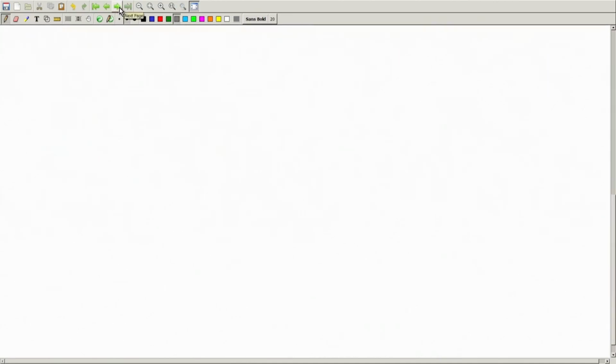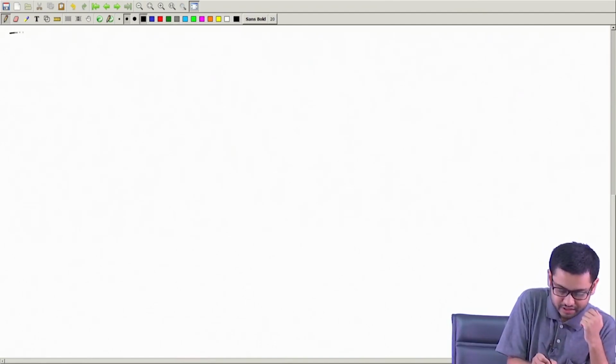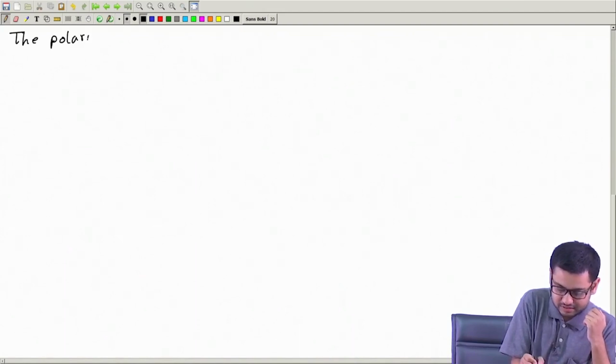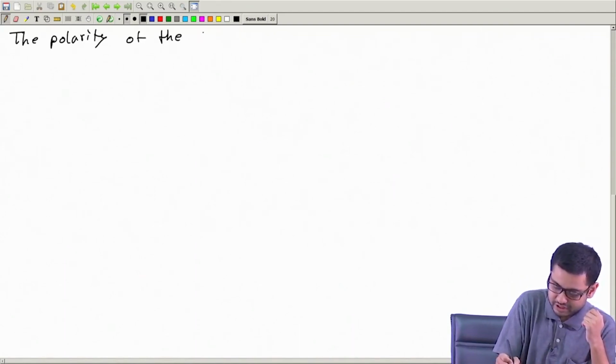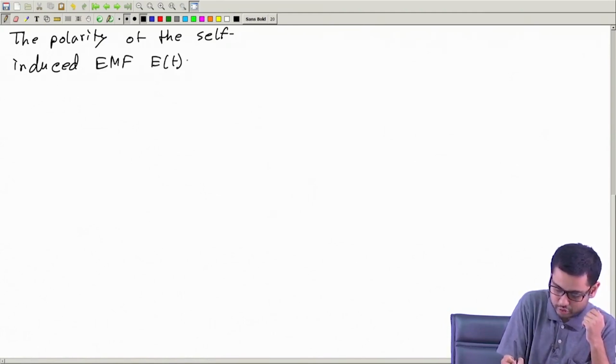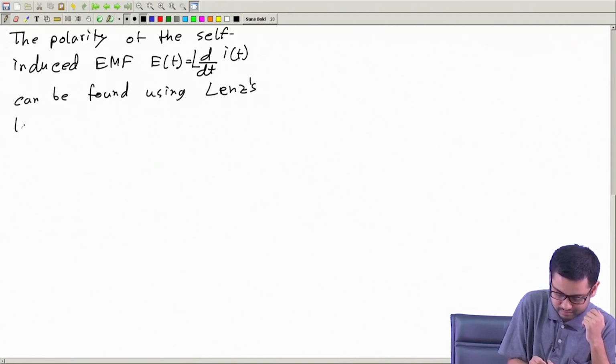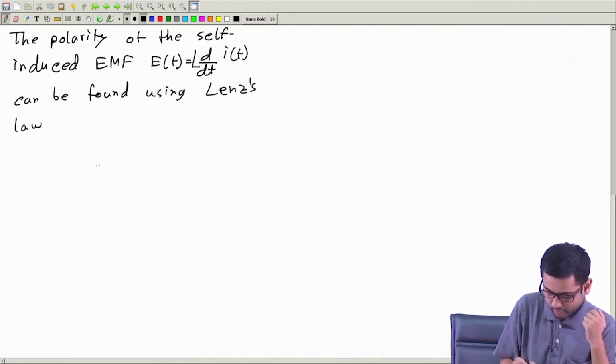So next important concept, this also you probably know: the polarity of the self-induced EMF, which is ET is equal to L times dIT/dt, where L is this constant. The polarity of this can be found using Lenz's law. How? Let's see that.